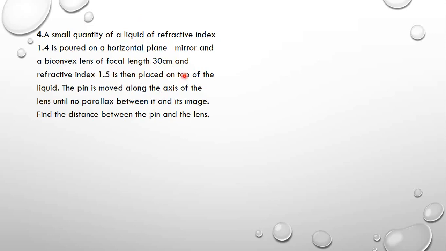So using the information about the biconvex lens, the 30 and the 1.5, I can get the radii of curvature for the convex lens, using the formula 1 over f1 is equal to (n minus 1) into brackets 1 over R1 plus 1 over R2. R1 is equal to R2 because it is biconvex.